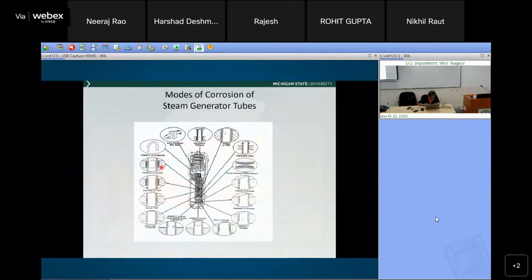There's denting, and then there's cracking in the tube support region. Most of the defects are usually formed close to the support structure, and there are different types of defects that are created. We are interested in detecting these types of defects. That's what the nuclear industry does. They use eddy current probes and detect these defects.